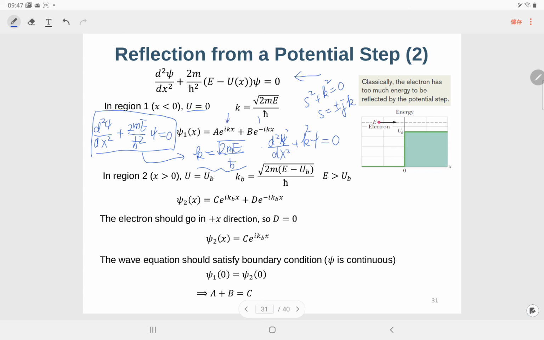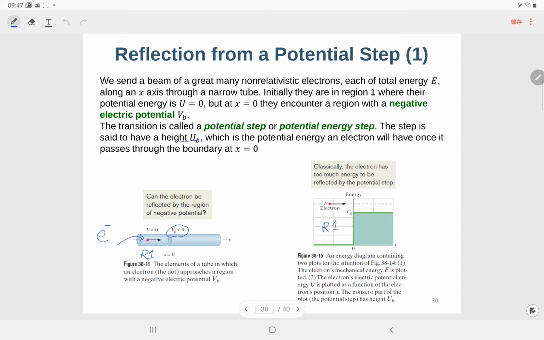So we have the solution like this. At region 1, the solution will look like that. And for region 2, this UB is higher because you can consider this UB will be E times VB.